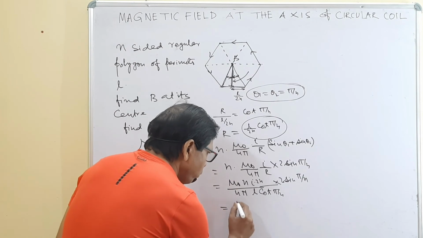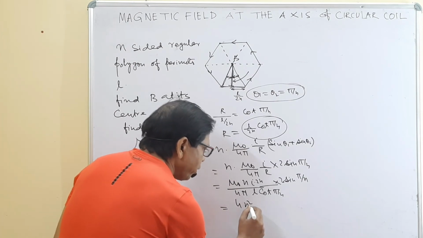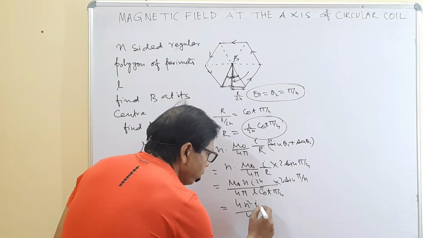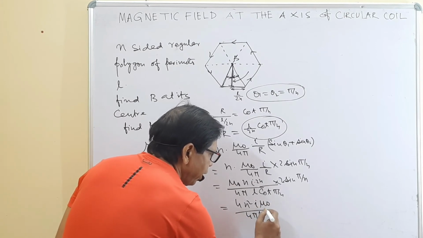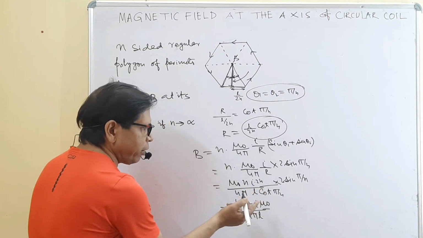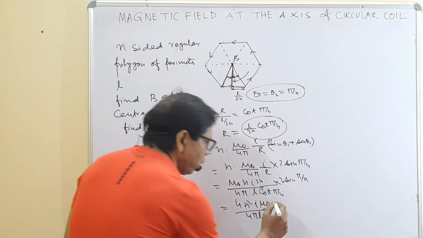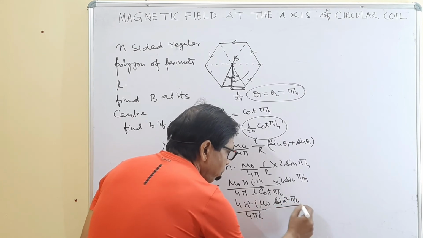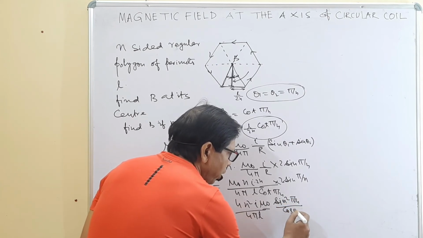So this is mu naught 4 n square I by 4 pi L, and cot pi by n is cos by sine, so this becomes sine square pi by n by cos pi by n.